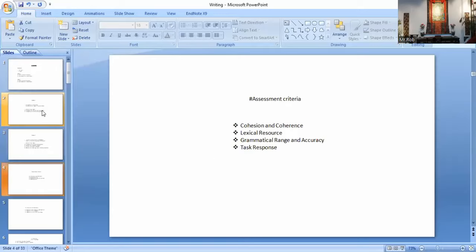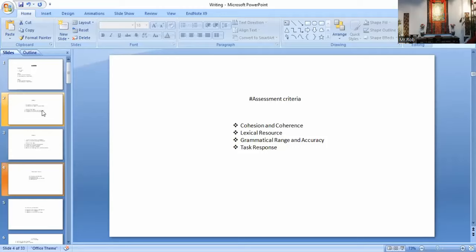Now, assessment criteria. You should be familiar of the assessment criteria in writing. There are four assessment criteria that are used for evaluation of your essays, and they are equally applicable for task 1 essay as well as task 2 essay.